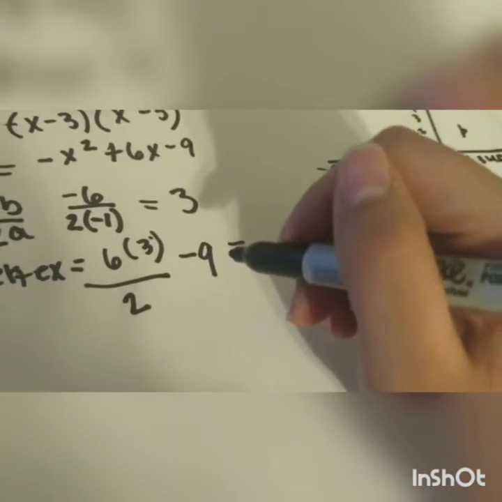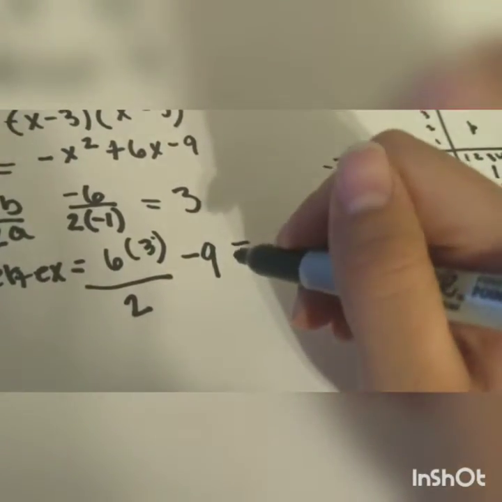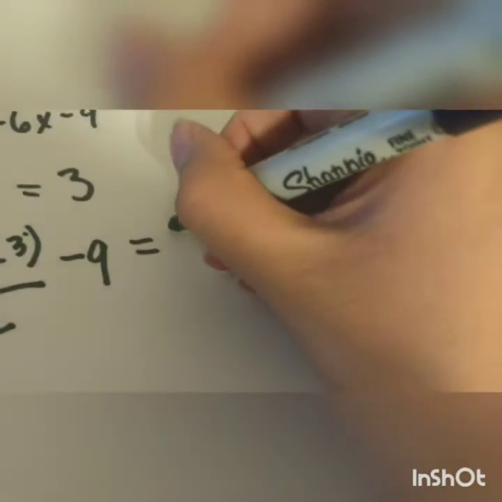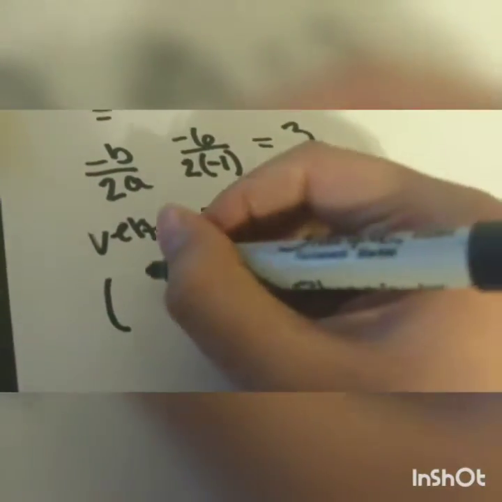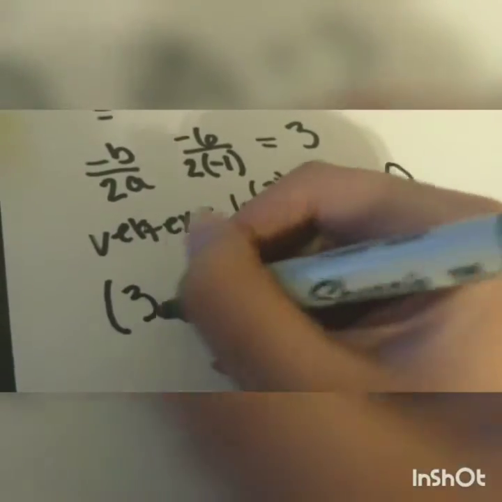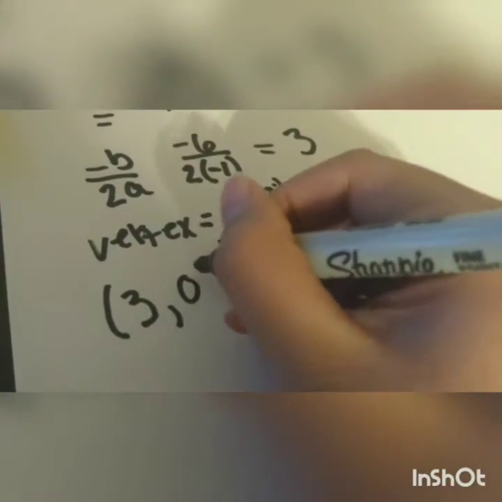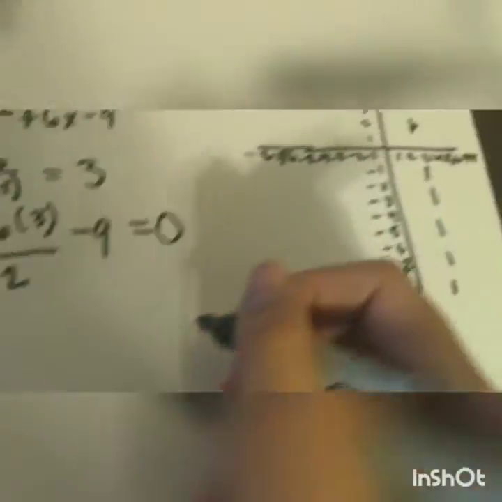So then 9 minus 9 will be 0. So our vertex will be 3, 0. So let me go ahead and plot that point right here.